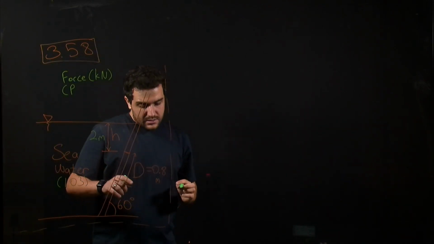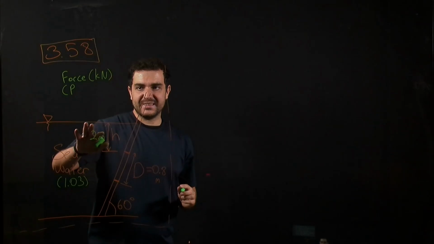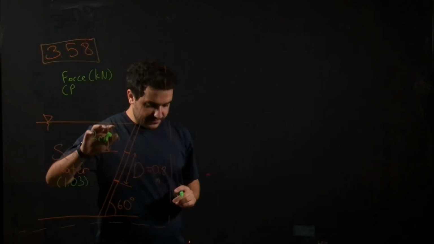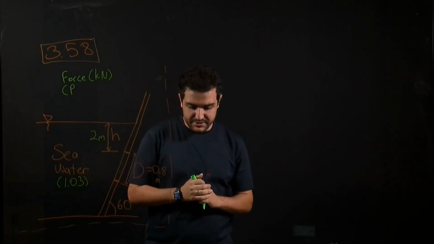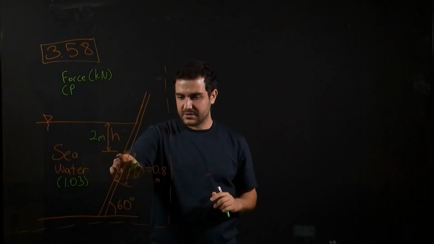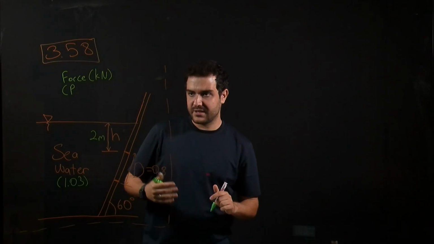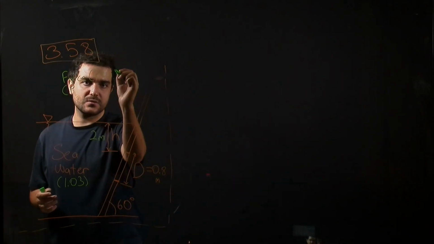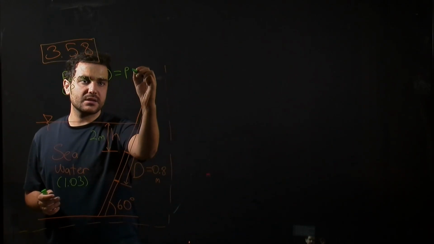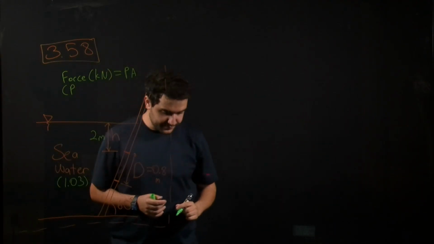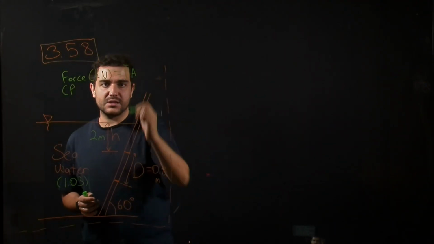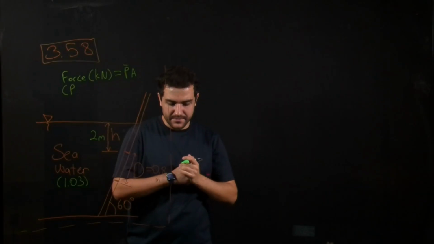Okay. So first of all, we need to find distances using trigonometry, and then we need to find the pressure at the depth of the center of this window. Then we are going to find the resultant force, which will be PA, the average pressure times area.